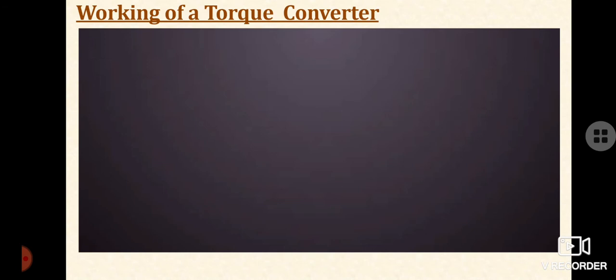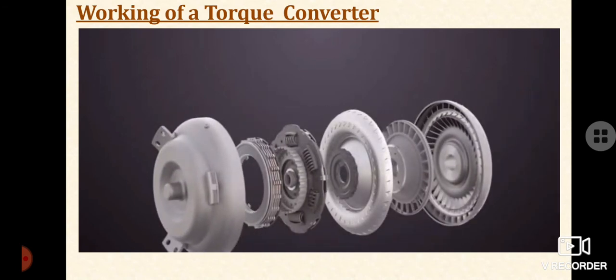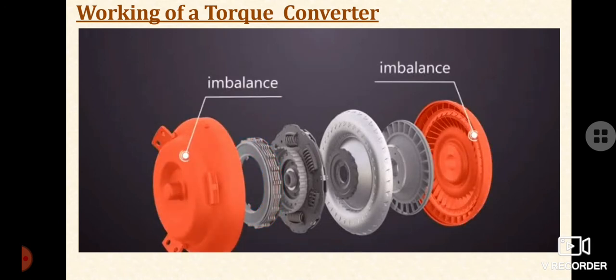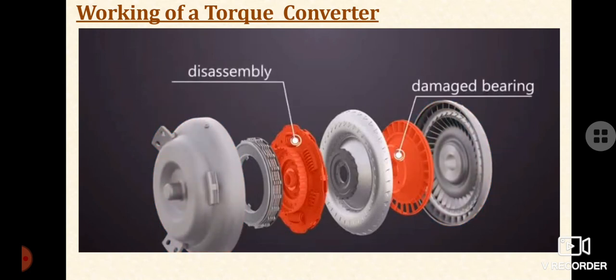We have to note some things. The maximum torque multiplication takes place during the stalling condition, and the stator remains stationary before the coupling point and helps in the torque multiplication.